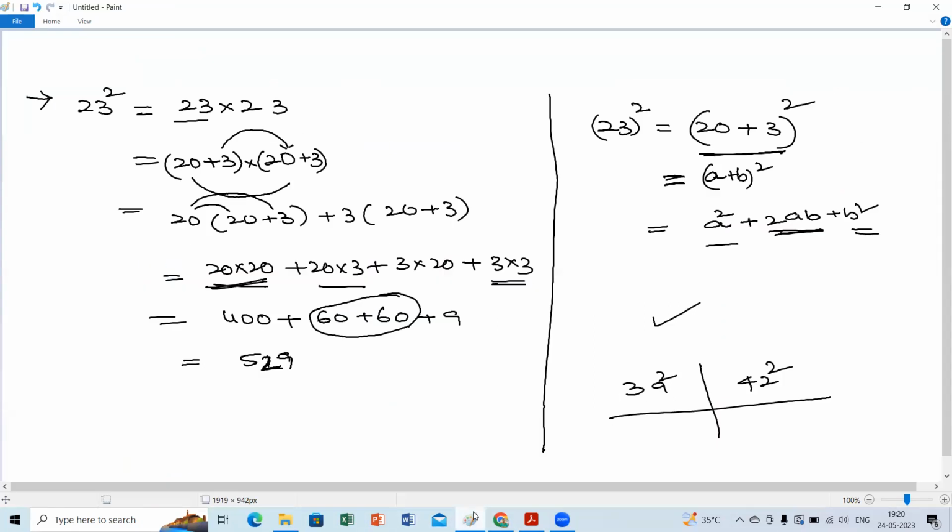Everyone, please solve it. Either you can use this way or you can use your identity.